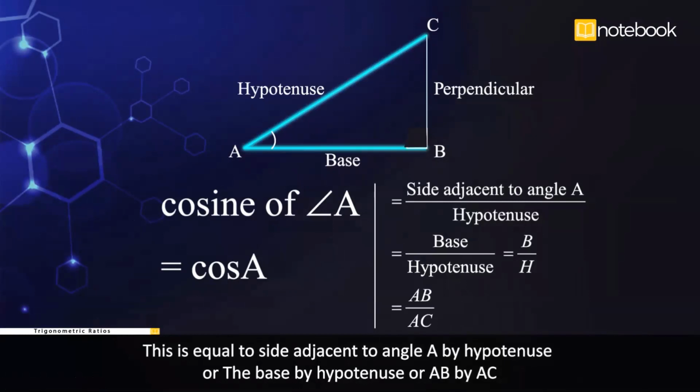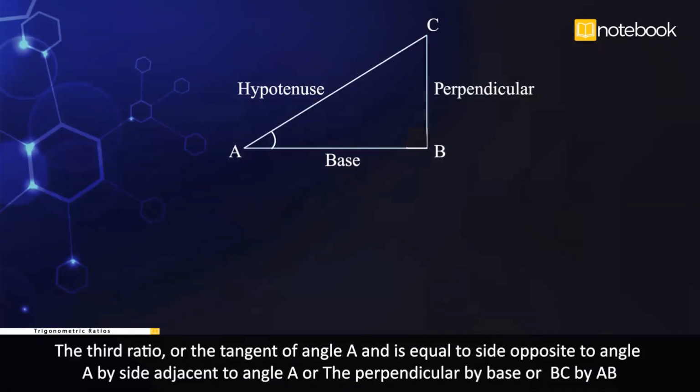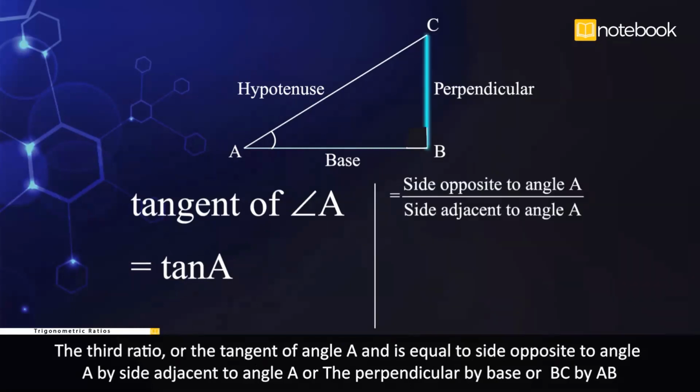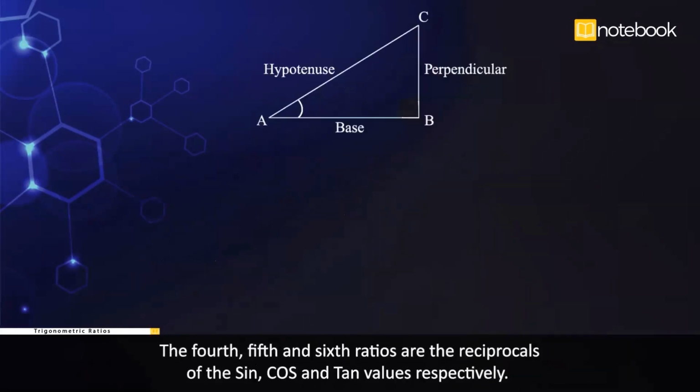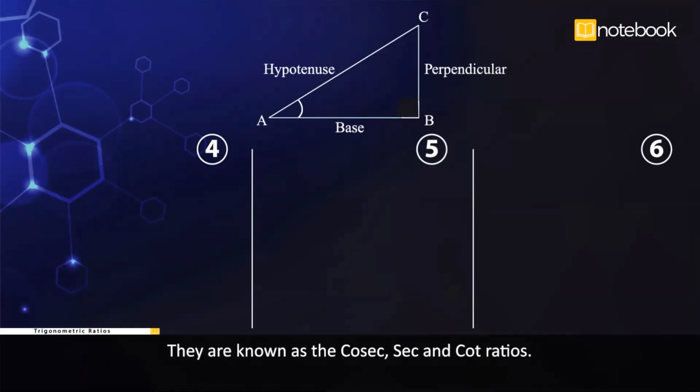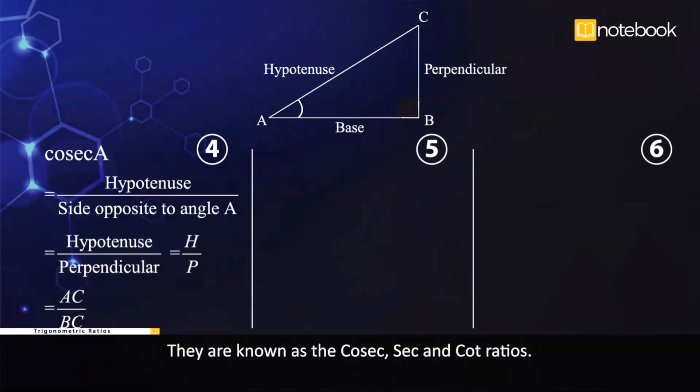The third ratio is the tangent of angle A, and is equal to side opposite to angle A by side adjacent to angle A, or the perpendicular by base, or BC by AB. The fourth, fifth, and sixth ratios are the reciprocals of the sine, cos, and tan values respectively. They are known as the cosec, sec, and cot ratios.